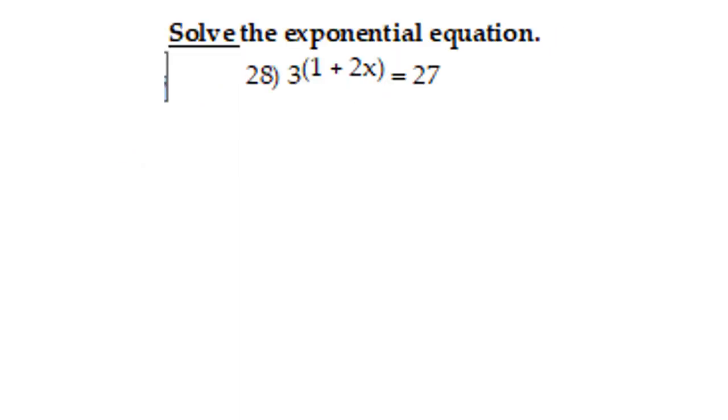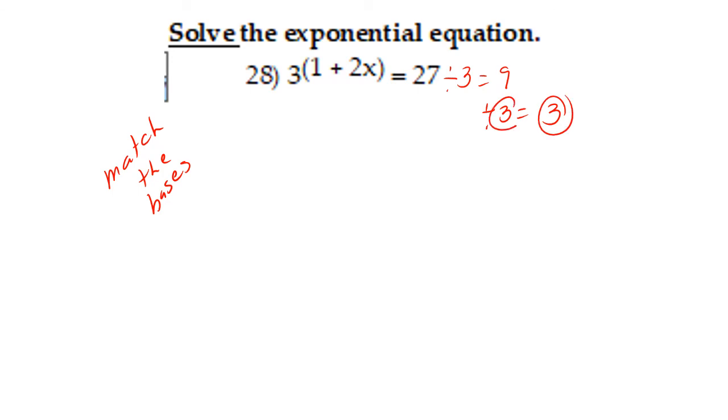Now in this problem, we want to solve it. One of the easiest ways would be to match the bases on both sides of the equal. Notice the 27, if I divide by 3, that's going to give me 9. If I divide by 3 again, that's going to give me 3. So basically 27 could be rewritten as 3 to the third.